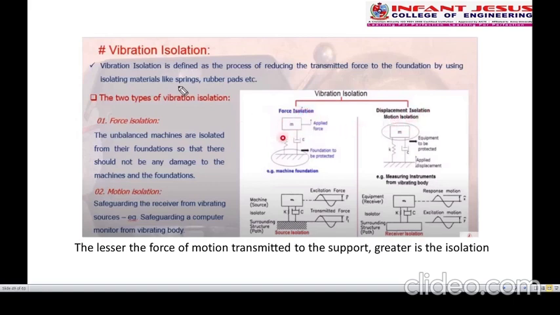In the force isolation, here you can see this is the system, machine. You consider this as a system, machine. It is giving the force, it is giving the vibration to the foundation. The force from the machine is transmitted to the foundation through the spring and damper. Here there is a spring and damper to absorb or to deliver the vibration, present in the system.